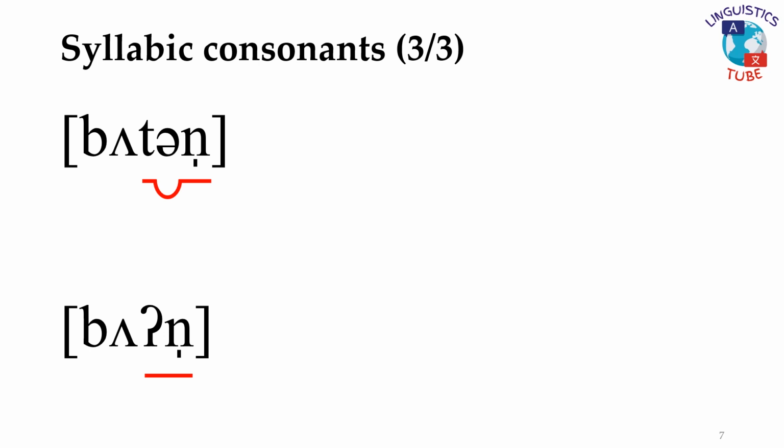Let's discuss the position of the tongue in the pronunciation of button. I hope that this will help you to understand syllabic consonants. Remember that there are 3 ways to describe consonants: voicing, place of articulation, and manner of articulation.